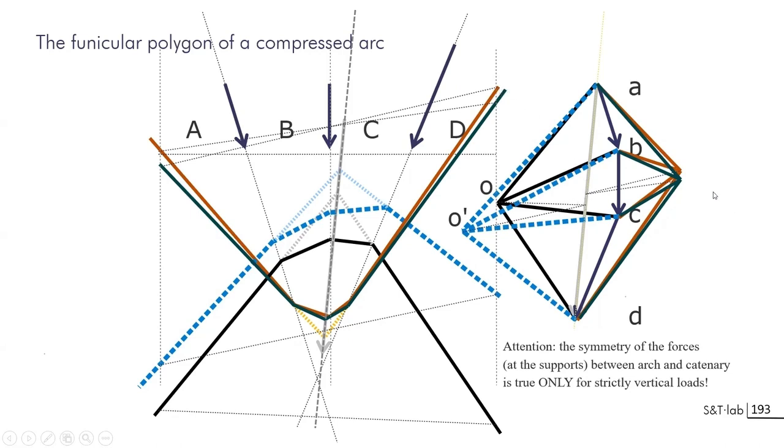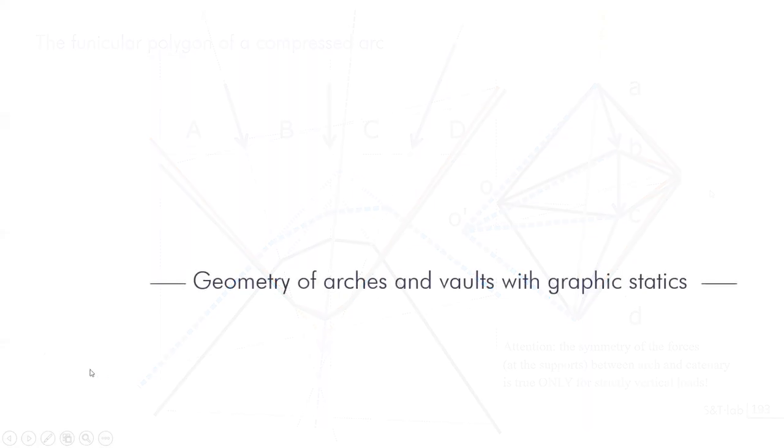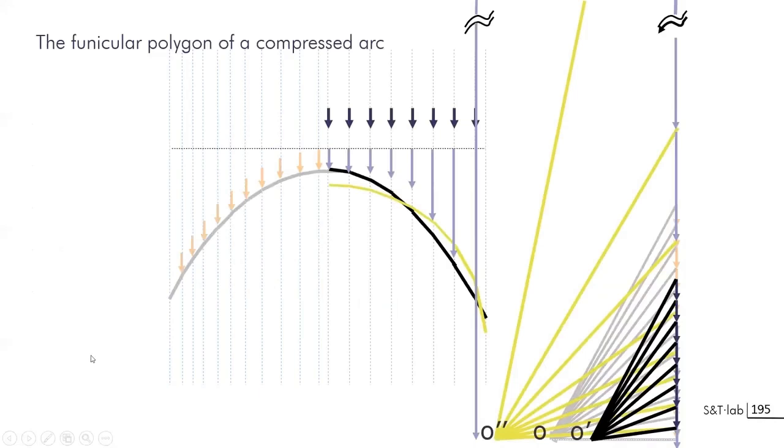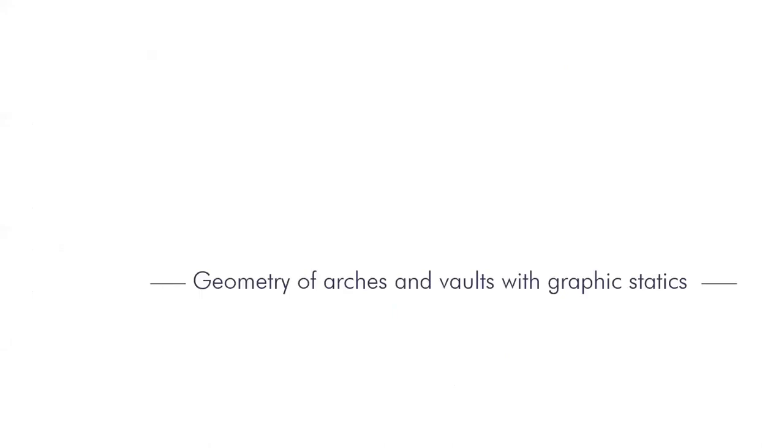So we have to be careful about this. So we are back to this topic of the basis, the fundamentals of graphic statics, and we'll go more and more in detail about all the applications we can have with this structure.